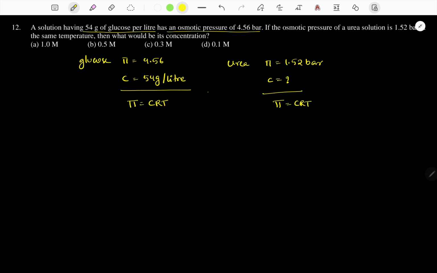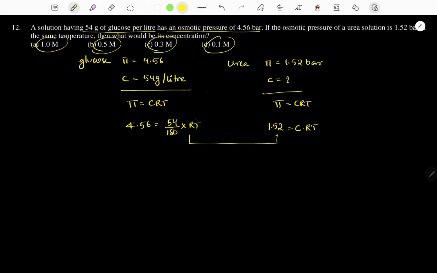Therefore, pi of glucose is 4.56, concentration 54 by molecular weight of glucose 180, into RT, and here the pi value is 1.52, equal to C into R into T, where we have to find the concentration.